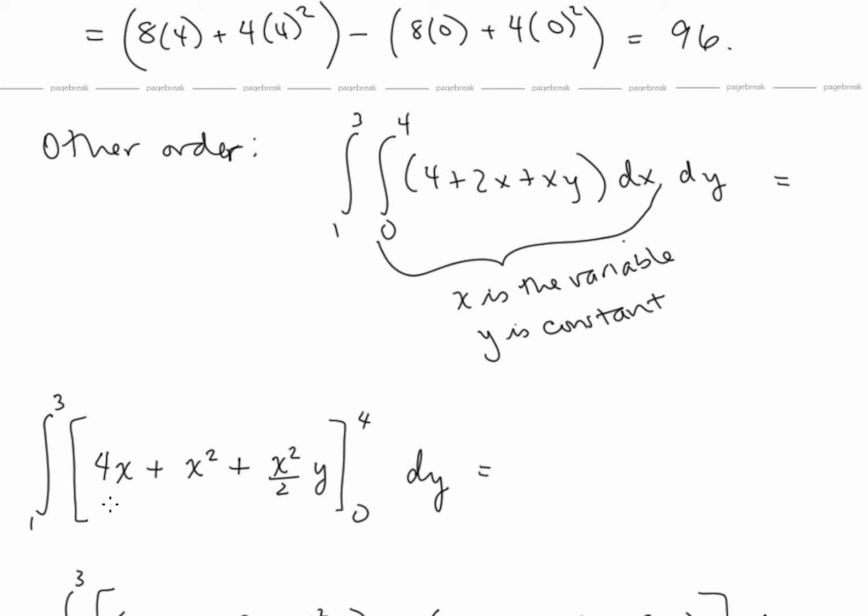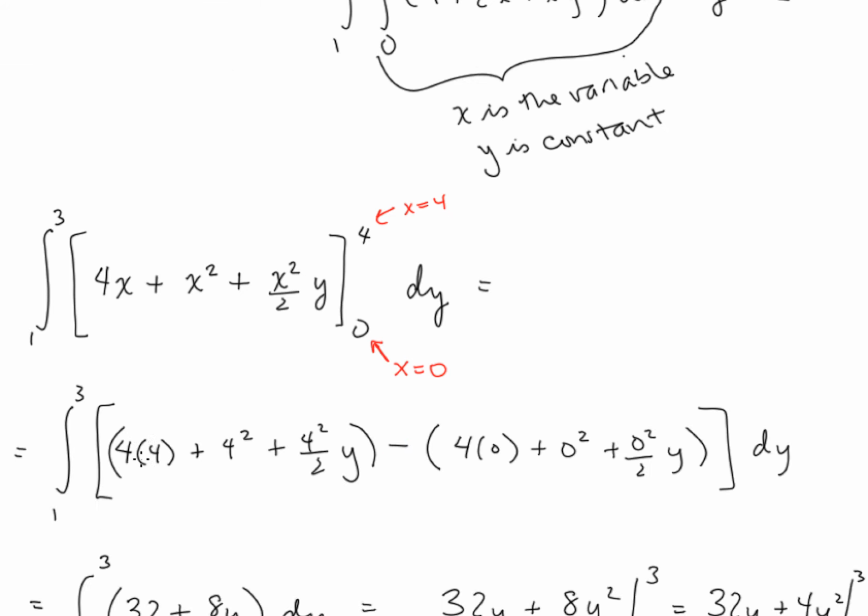And that gives us this. And similar to what we had before, let's just point out that this is x equals 0 and this is x equals 4 because we just integrated on x. So that's where we're going to plug these values in. So x is equal to 4 here, and x is equal to 0 here.